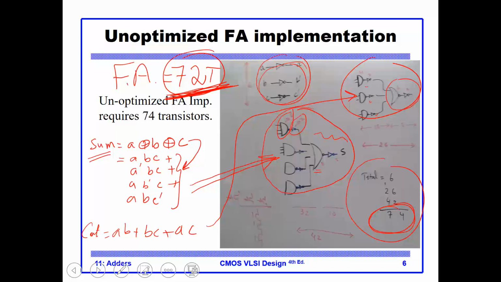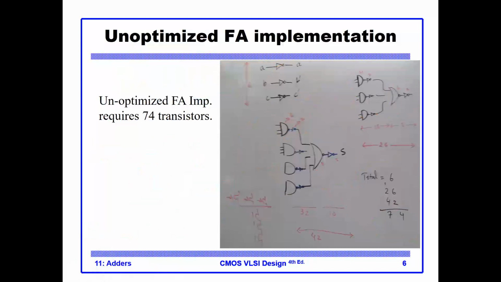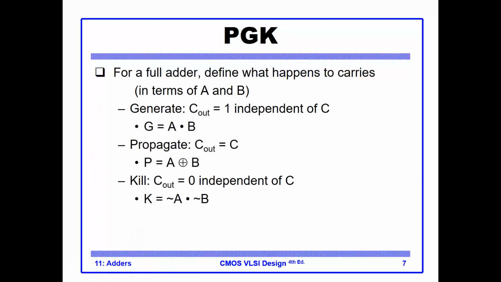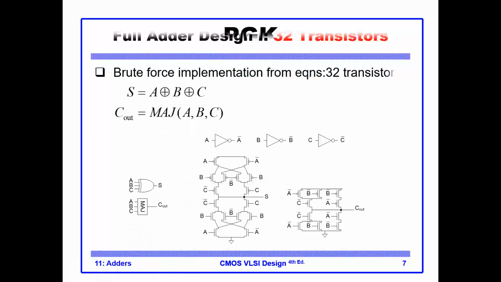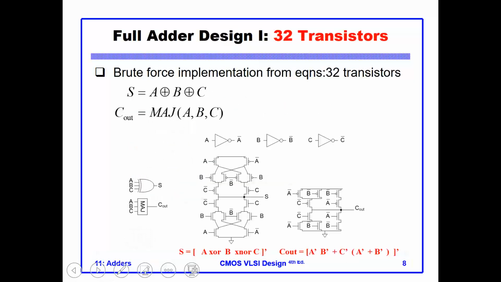So recall this number 72. Can we do better? We'll leave this slide for later. Here is one suggestion, and what it does is it requires 32 transistors using complex gates. This is a complex CMOS gate, as we have studied in IC.